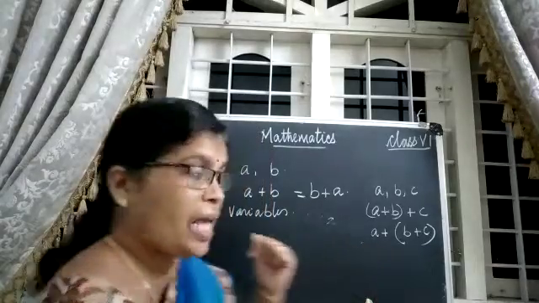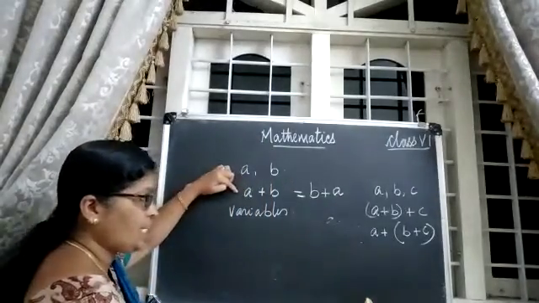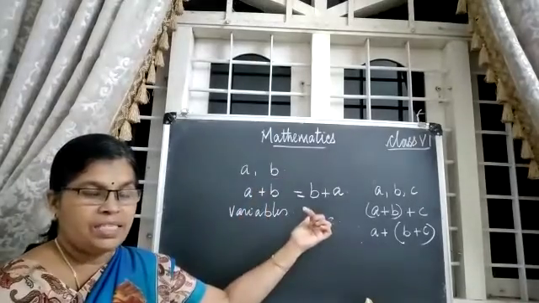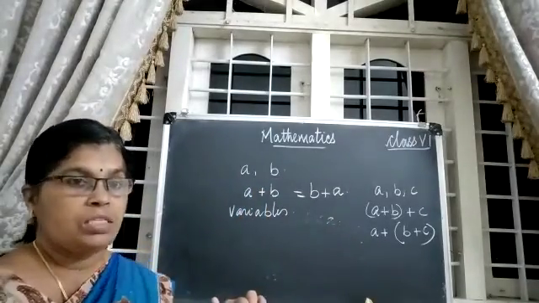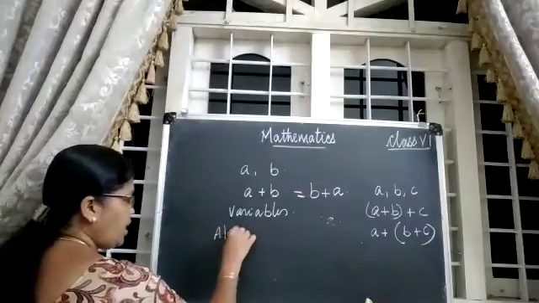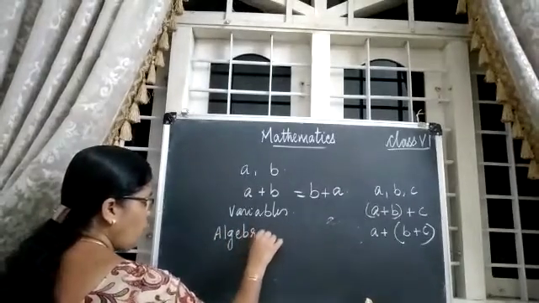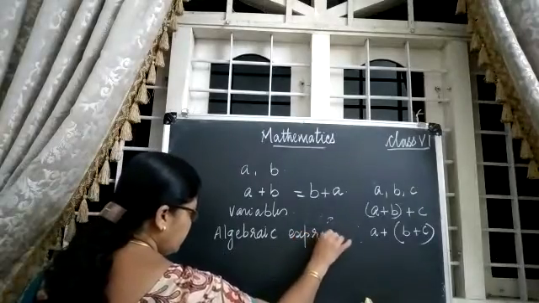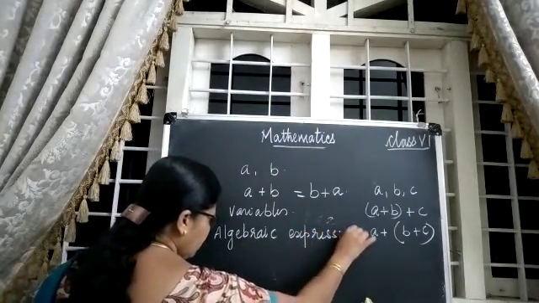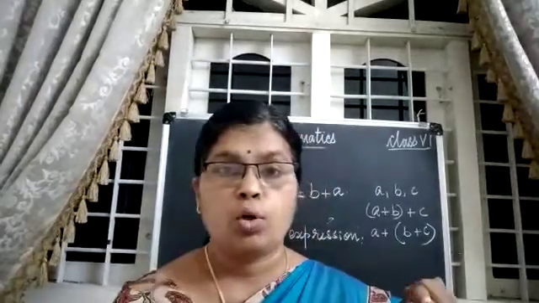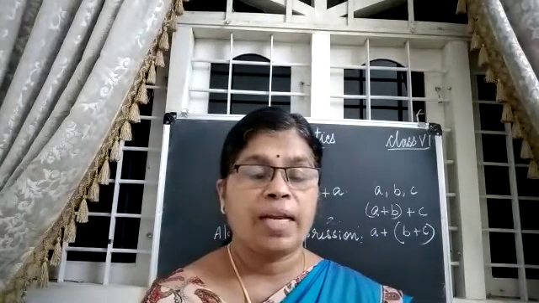Okay. So the expressions which contain these variables or these English alphabets are called algebraic expressions. So what are algebraic expressions? We studied numerical expressions. What are numerical expressions?